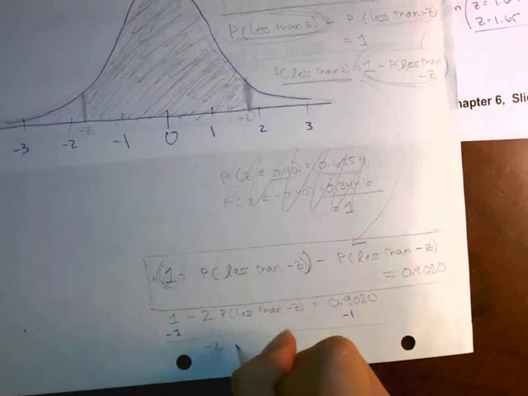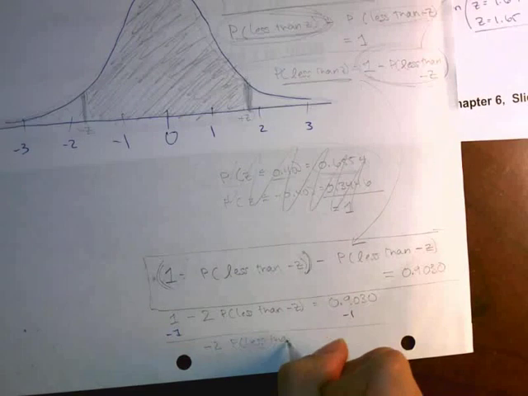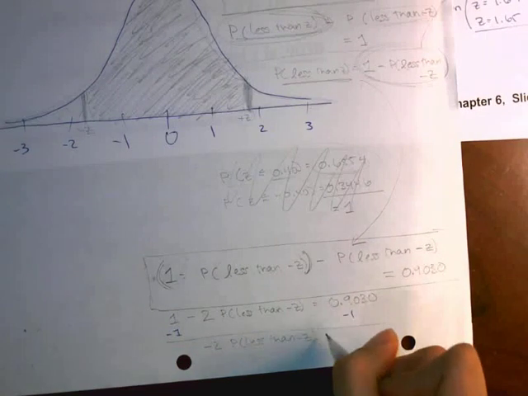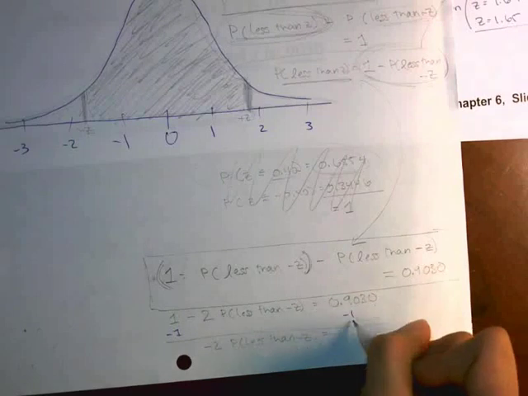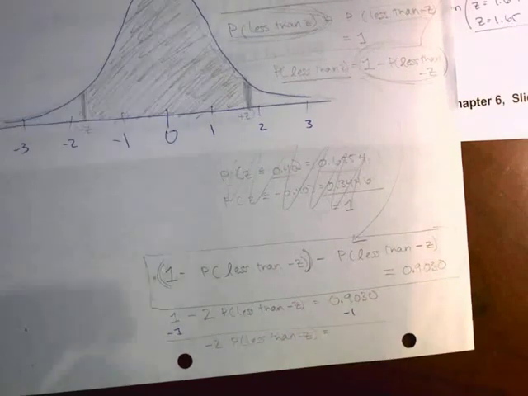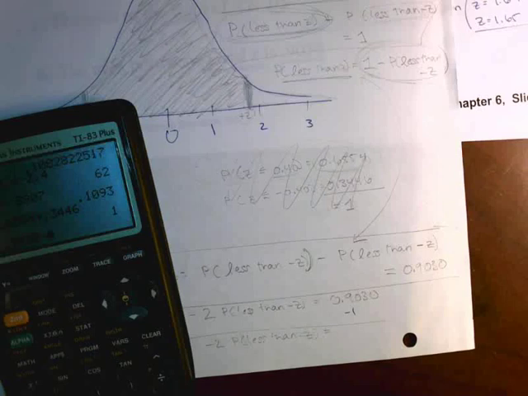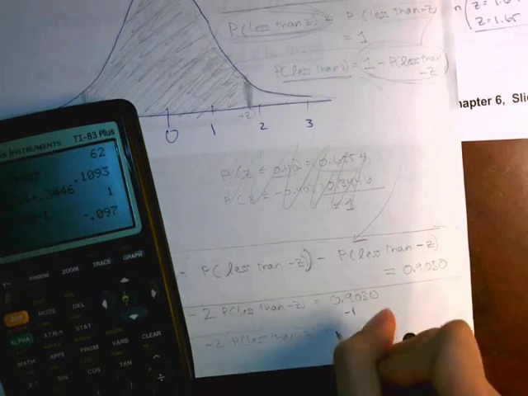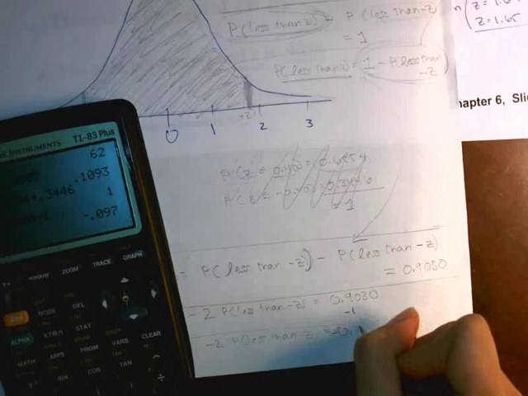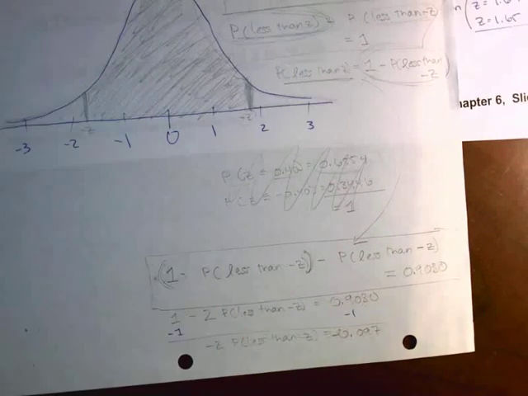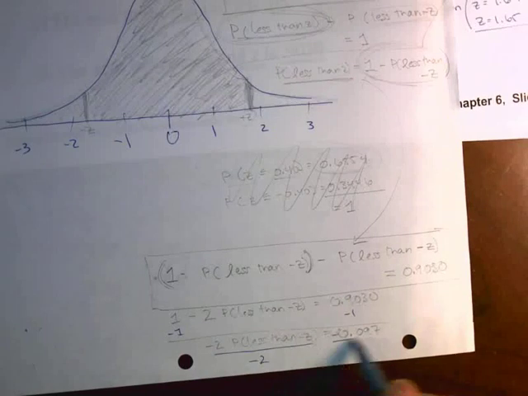Now I can subtract 1 from both sides and have negative 2 times the probability that it's less than negative z is 0.9030 minus 1, and that is negative 0.097.